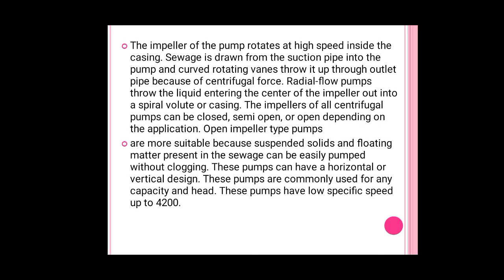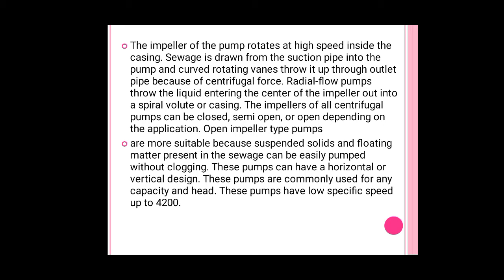The impeller of the pump rotates at high speed inside the casing. Sewage is drawn from the suction pipe into the pump and through the curved rotating vanes it is thrown out through the outlet pipe because of the centrifugal force. The radial flow pump throws the liquid entering at the center of the impeller out into the spherical casing.